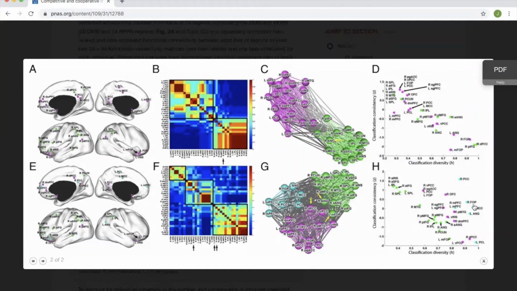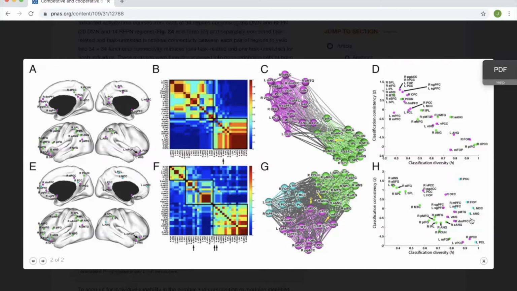But here, this would be something striking. For example, they show that if they compare two groups, one has only 2 modules, while the other has 3 modules. And the third module, what you see here in this plot, is characterized by correspondingly high classification diversity and medium to high classification consistency.